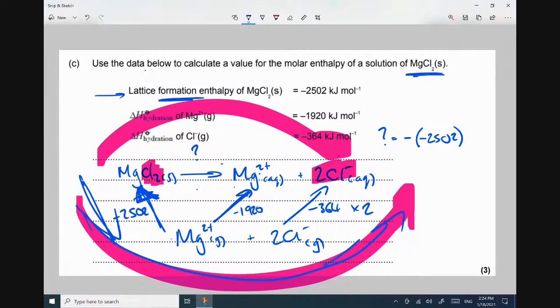This one is with me, because I'm walking in this direction, so plus brackets, minus 1920, and this one's also with me as well. So that's plus brackets, with plus means with me, minus 364 times 2. Right, run that through my calculator. What's the answer? Negative 146. So that is a very exothermic process.